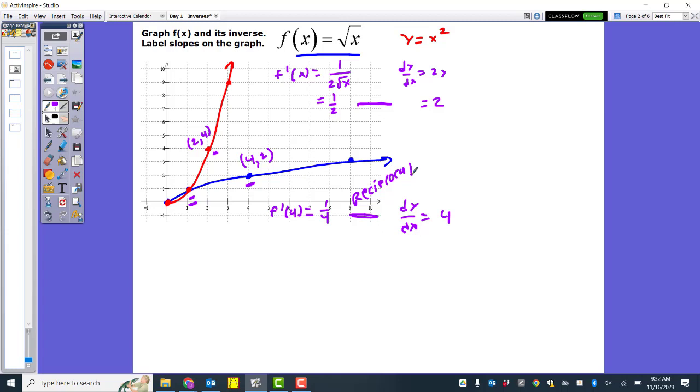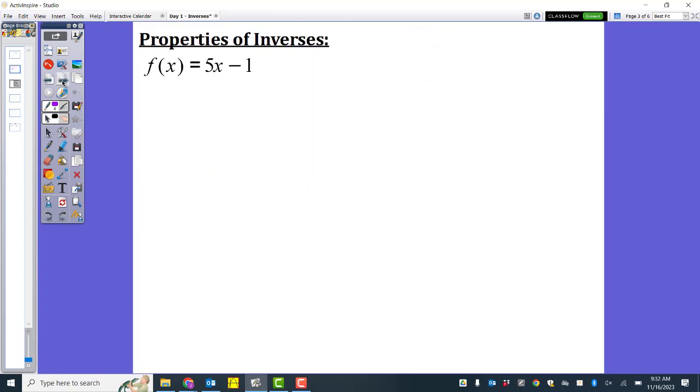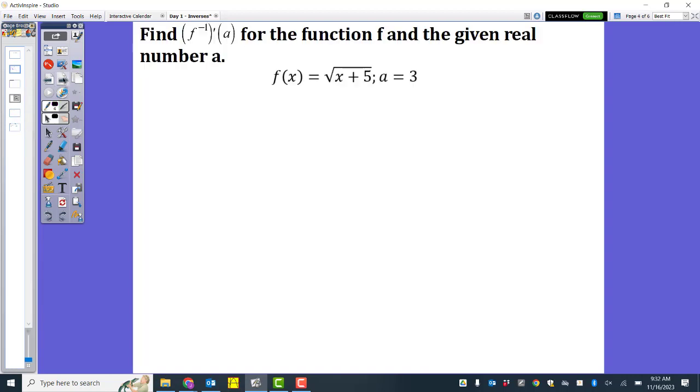So to figure this out, we're going to create a chart on problems that involve the inverse. Okay? So let's say for this one, we want to find the inverse derivative for the function f at the given number a. So we're going to create a chart where along the top we have the points.